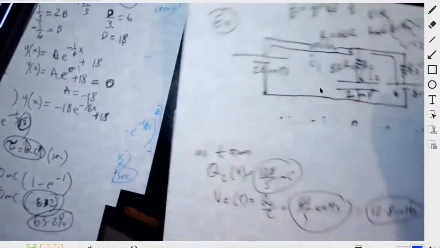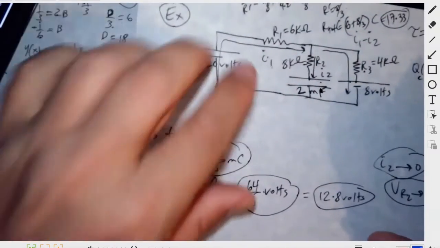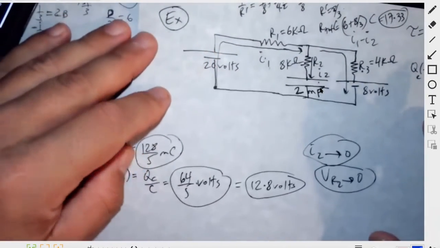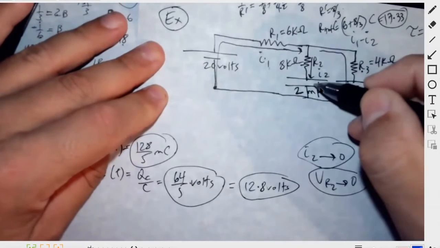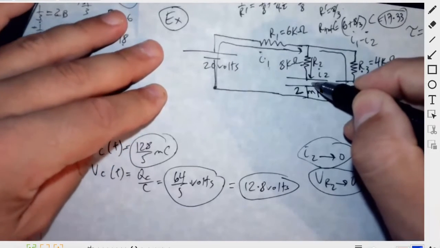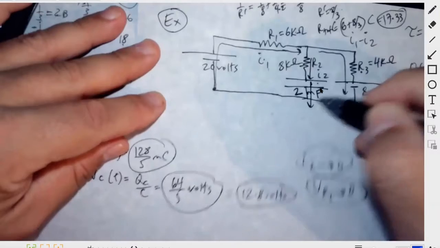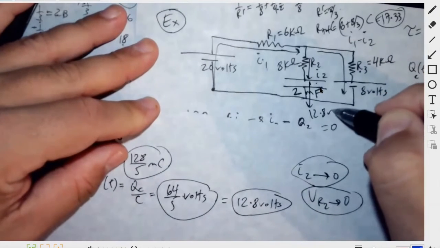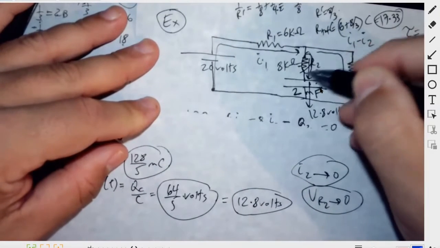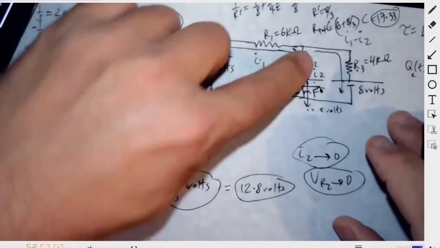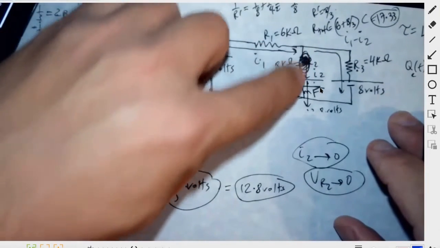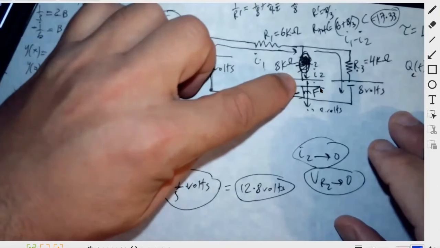That means at the end, when it's been connected for a very long time, this is going to be 12.8 volts, but the voltage across this is going to be non-existent. There's going to be no current there. Does that make sense?